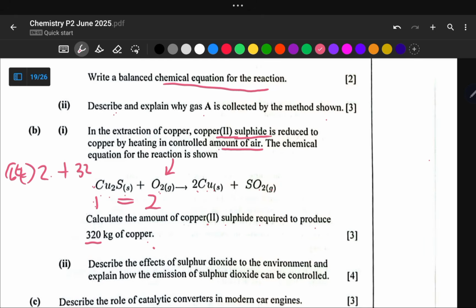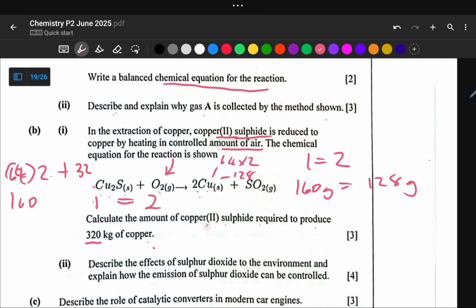So 64 by 2 is 128, plus 32 gives us 160. And for copper, 64 by 2 is equal to 128. So 160 grams is equal to 128 grams.